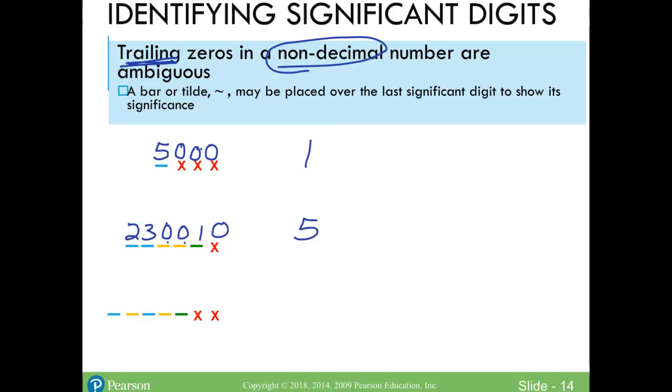And then our last example, 1, 0, 2. Here again, the zero sandwiched between non-zero digits is significant, but the trailing zeros are not. So here again, we have 5 significant digits. I hope this has helped.